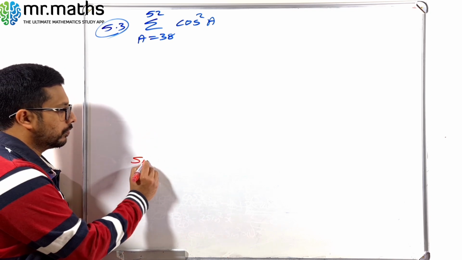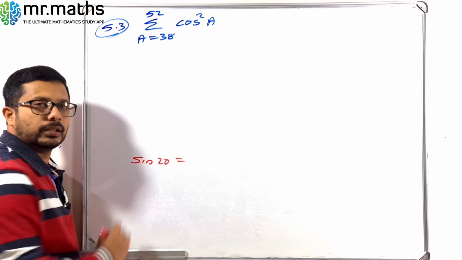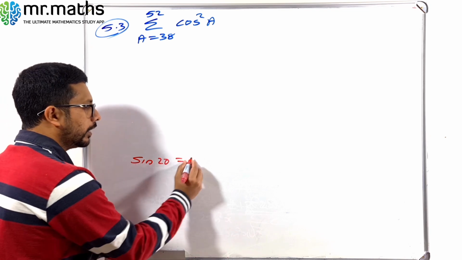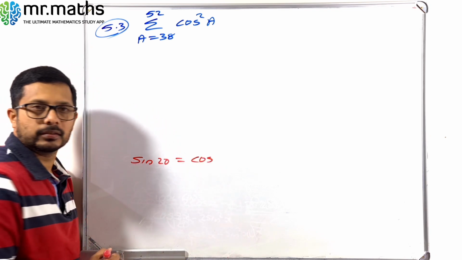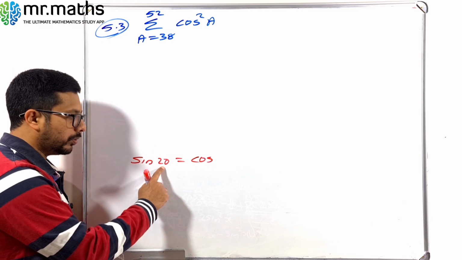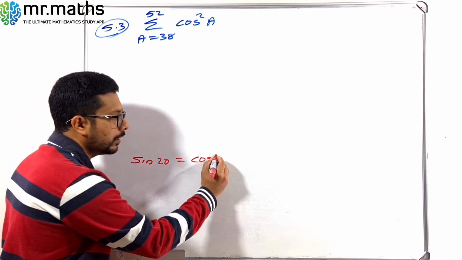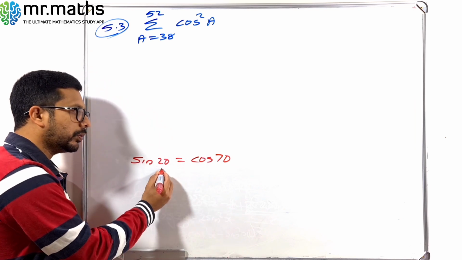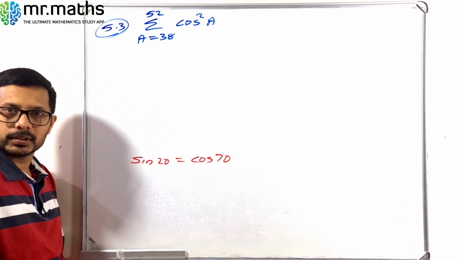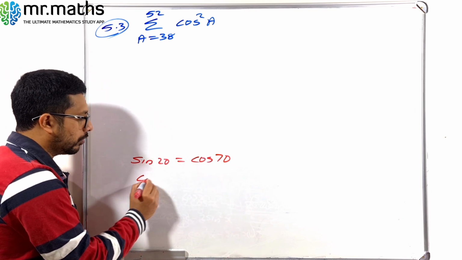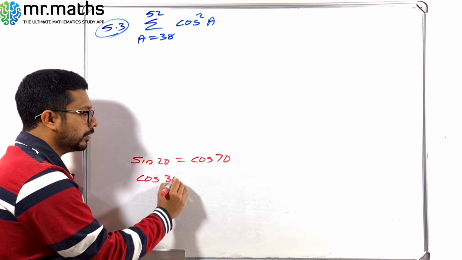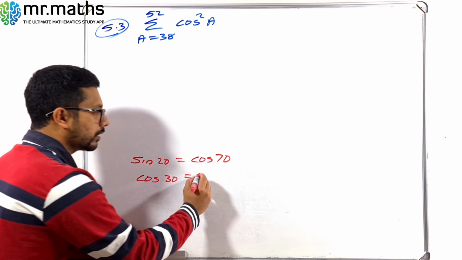Sin 20 is the same as cos of what? How can you find this? 90 minus this 20, 90 minus 20 is 70. That means sin 20 is the same as cos 70. Then cos of 30 is the same as what?